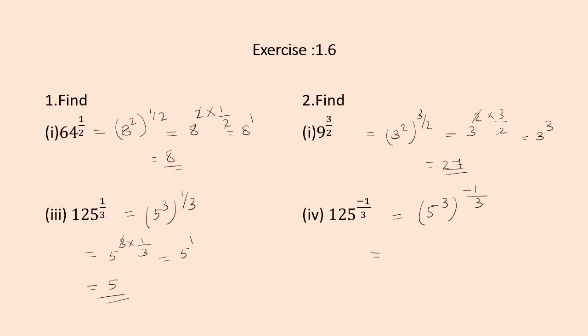That is equal to 5 raised to 3 multiplied by minus 1 upon 3. 3 and 3 getting cancelled, remaining is minus 1, that is 5 raised to minus 1. When the power is minus, you can write it as 1 upon 5 raised to 1, that is 1 upon 5. So using laws of exponents, you can simplify the questions.